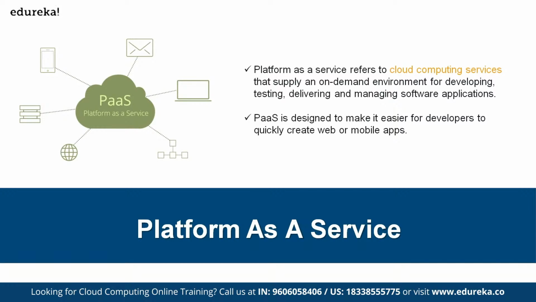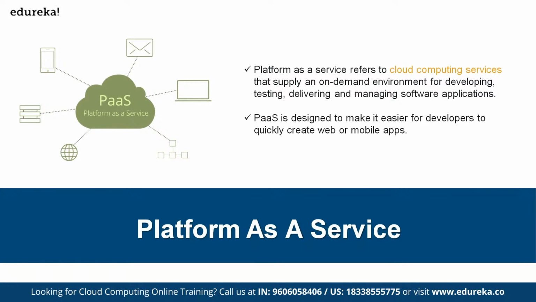With PaaS, or platform as a service, you get an on-demand environment for developing, testing, delivering, and managing software applications. When you subscribe to infrastructure as a service, all you get is the bare-bones infrastructure, which is basically your VMs and servers along with storage. But you still need a platform on top of that to build your applications.